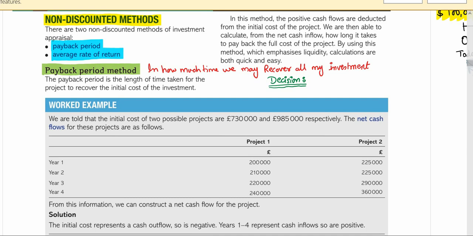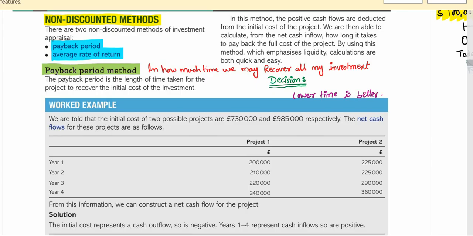So the decision is that earlier is better. Payback period: lower is better, or you can say lower time period is better.